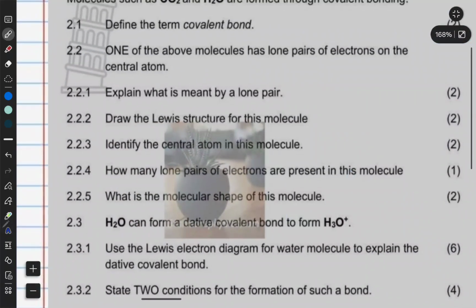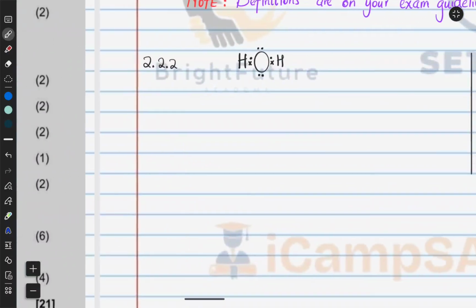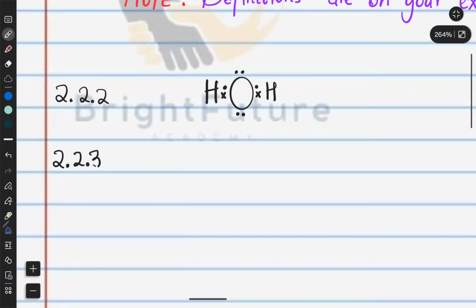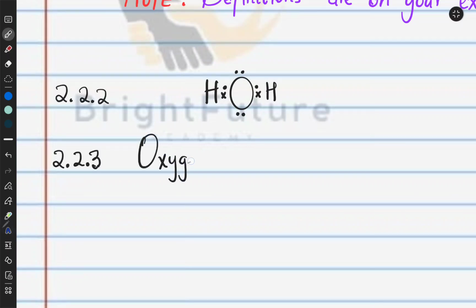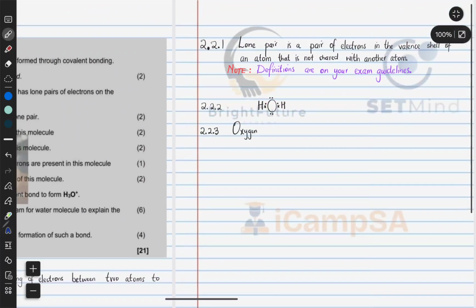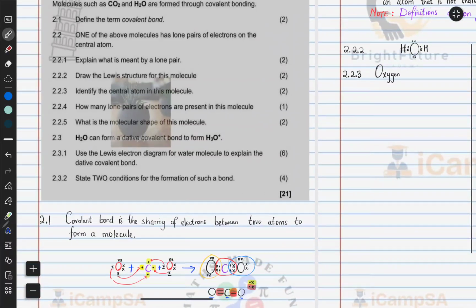All right, so let's go to 2.2.3. Identify the central atom in this molecule. We have identified it. We said it's just the atom that is in the middle of the two other atoms that it's bonding to. So this would be oxygen, right? The oxygen atom. All right, 2.2.4. How many lone pairs of electrons?